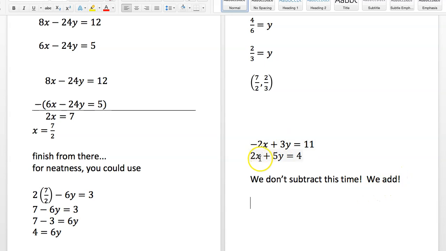So we add the top to the bottom. We add them because they have opposite signs, right? Why? Because we add the equations when the matching coefficients have opposite signs.